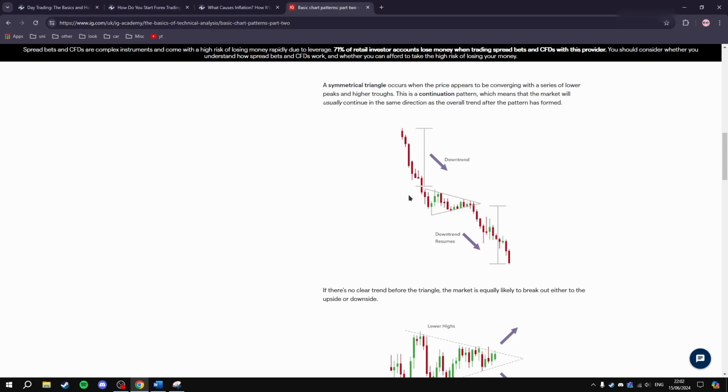And a symmetrical triangle occurs when the price appears to be converging with a series of lower peaks and higher troughs. So coming into a sideways trend, I guess.